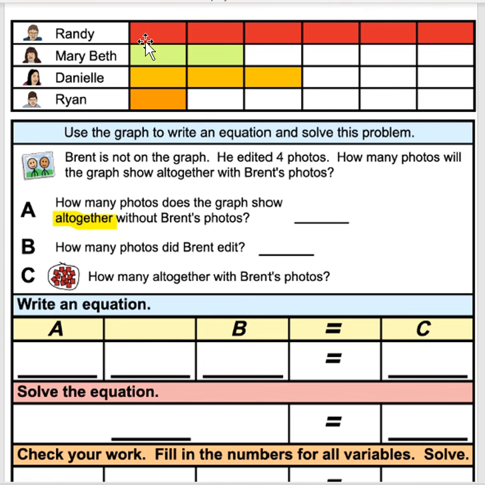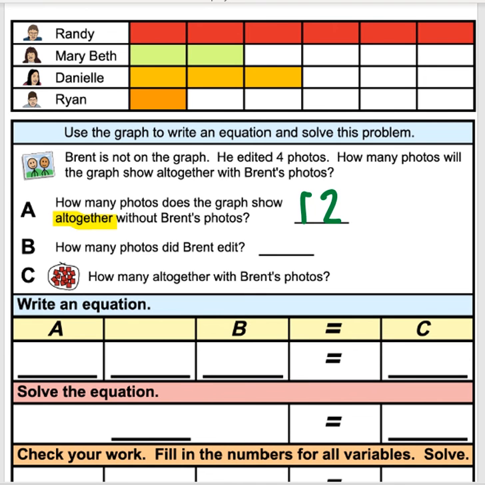So let's start with Random. We have 1, 2, 3, 4, 5, 6, 7, 8, 9, 10, 11, 12. So there are 12 photos altogether without Brent.